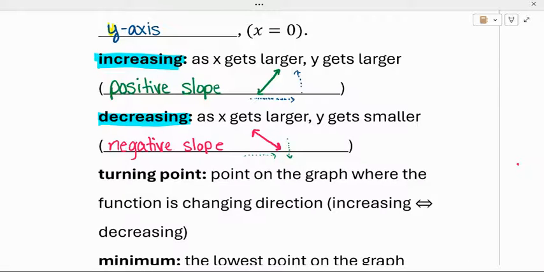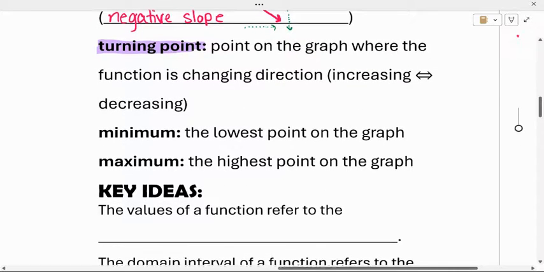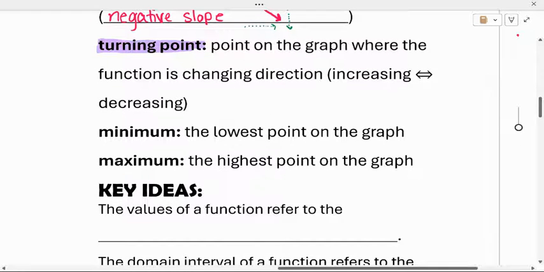We have a thing called a turning point. A turning point is the point on the graph where the function is changing direction, meaning it goes from increasing to decreasing or from decreasing to increasing.